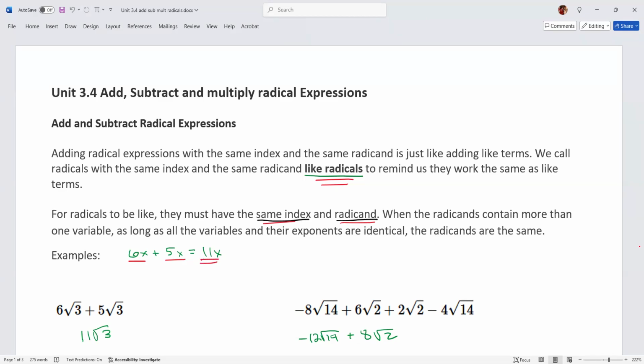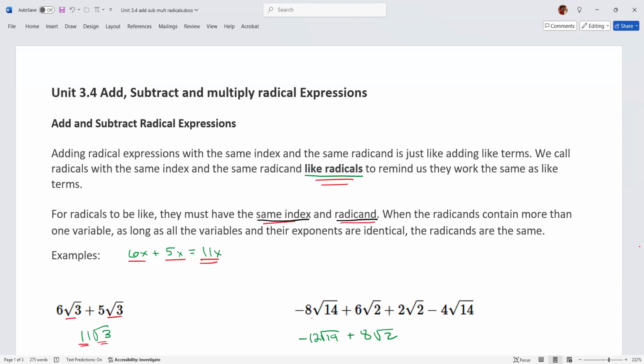Well, likewise, if we have like radicals, so both are square roots, both have a radicand of 3, then we can just count them, right? Six square roots of 3 plus 5 square roots of 3 adds up to 11 square roots of 3. Okay, so just exactly the same thing as like terms.